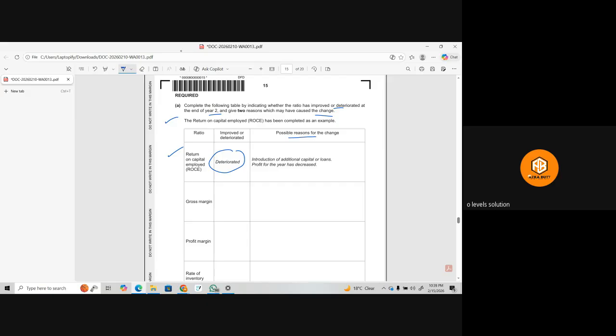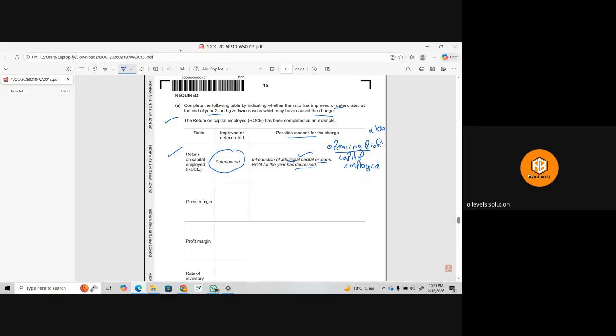Maybe there's an introduction of additional capital or loans, or the profit for the year has decreased, because we know the formula: operating profit divided by capital employed multiplied by 100. So when the answer decreases, for example, maybe you have introduced additional capital or loans.